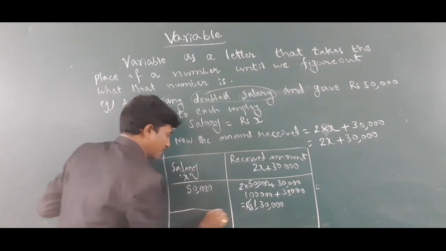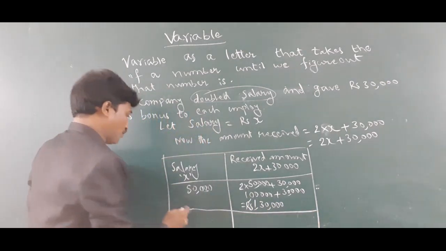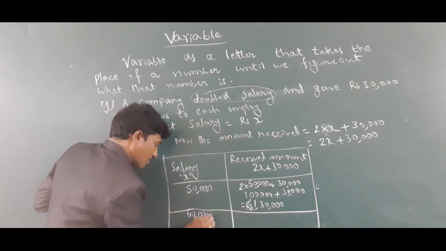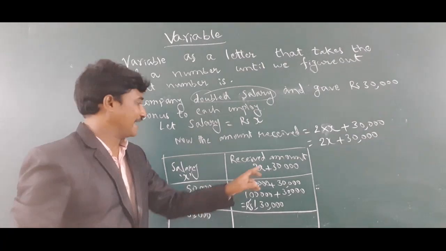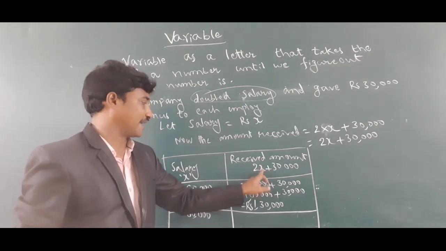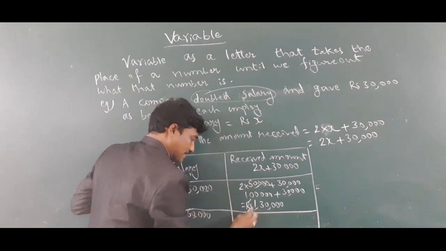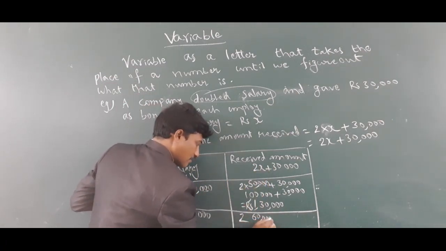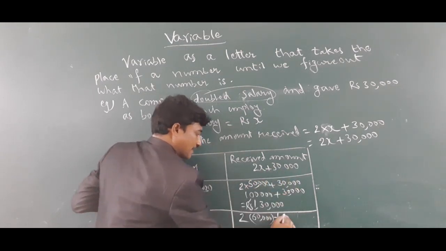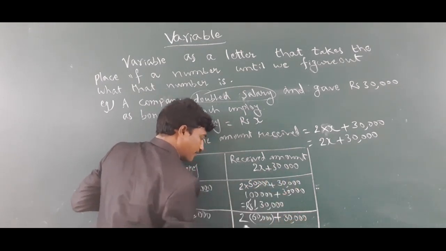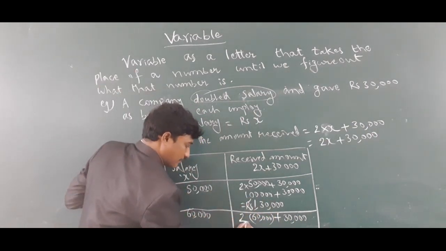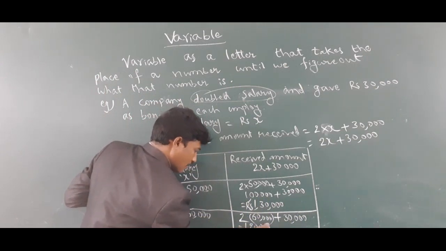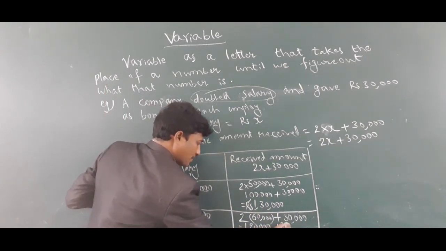And if an employee's salary is 60,000, what is the amount he received at the end of that month? His salary is doubled, 2 into X. Here X value is 60,000, so 2 into 60,000 plus 30,000 is added. 2 into 60,000 is 1,20,000 plus 30,000.